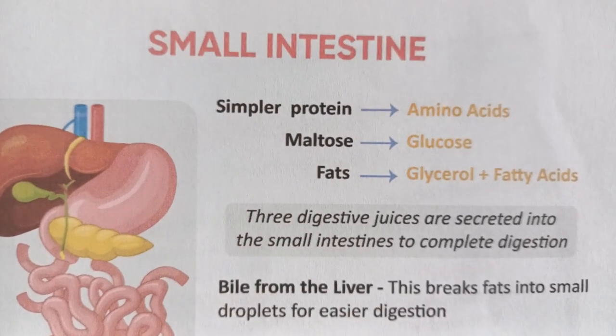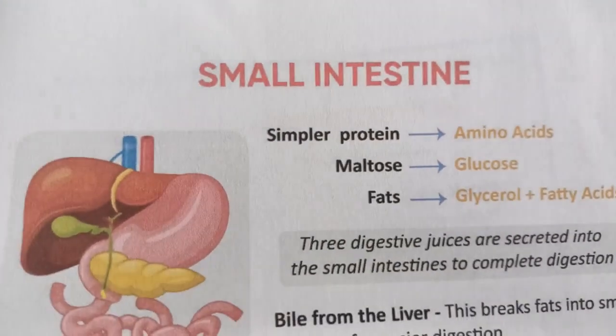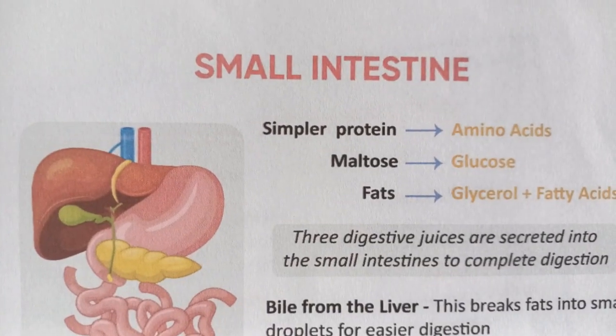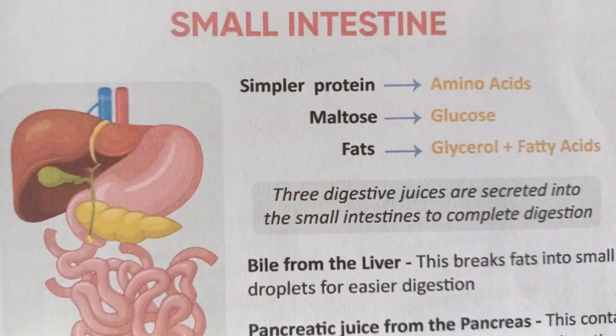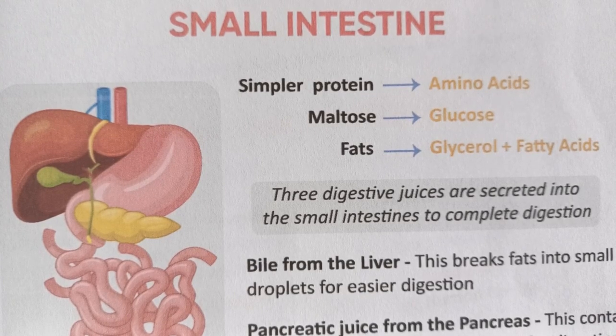Now, the small intestine is the longest part of the gastrointestinal tract, and it's very important in digestion. So let us look into a few details of what happens in the small intestine. The length of the small intestine is different in different animals depending on what type of food they eat.